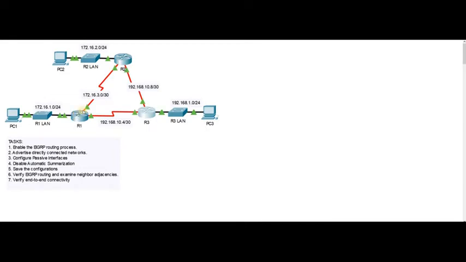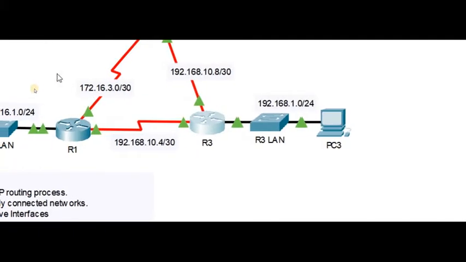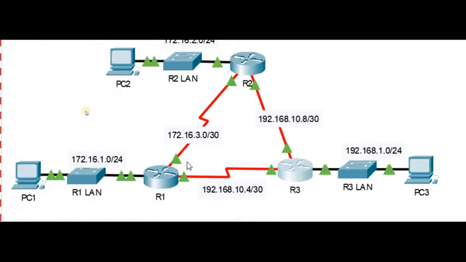So for example, we all know that the link being used by R1 and R2 to exchange routing information is this link right here. The link used by R2 and R3 to exchange routing updates is the link right here, the one link in between.